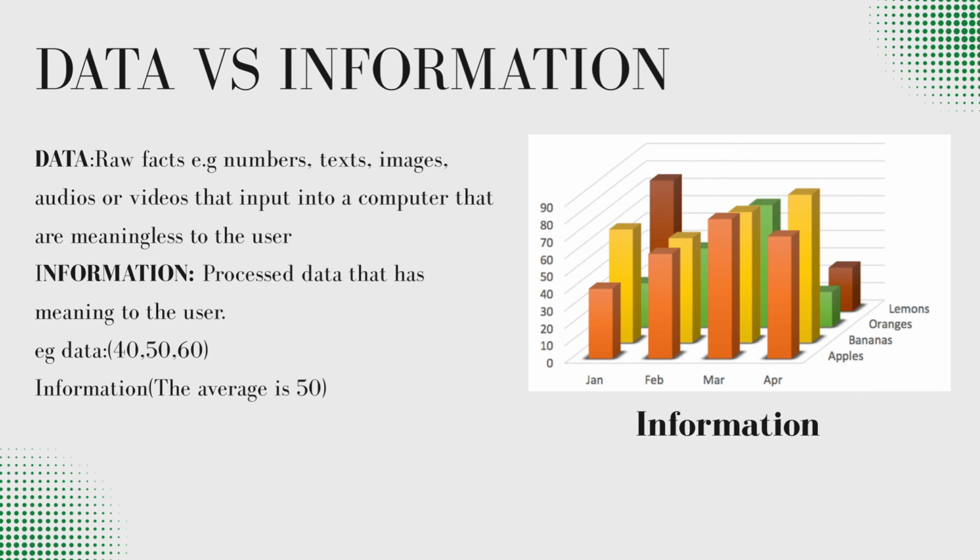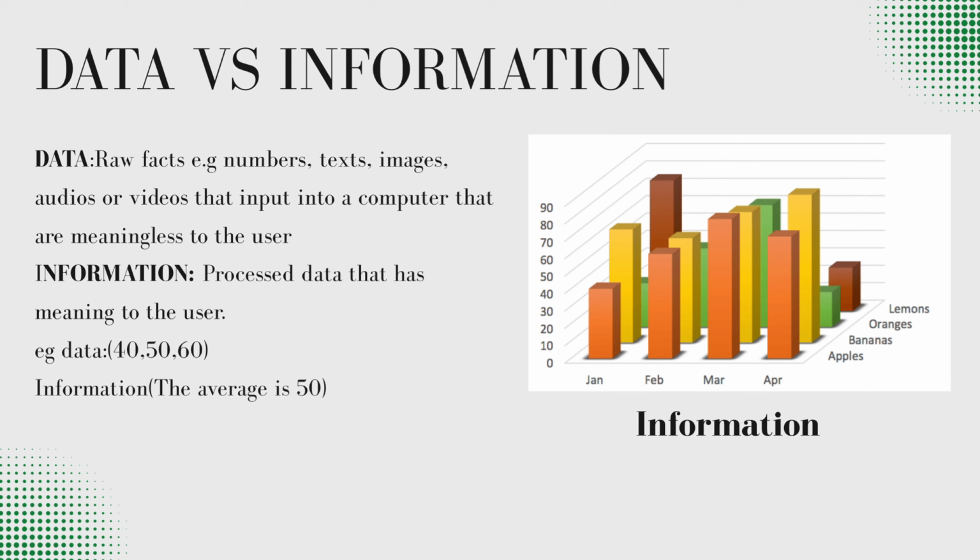Now you have to combine the two to have one video that has both sound and picture. Now information will be processed data. When you use another software, for example Adobe Premiere, to combine both the audio and the video together, it will have meaning to the user. Now you can see that video that has both sound and picture.